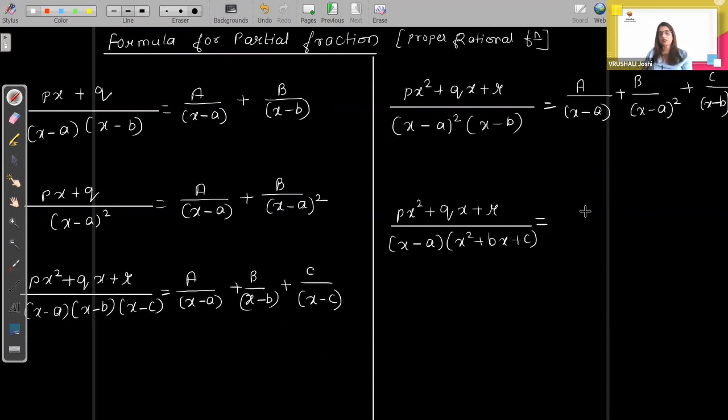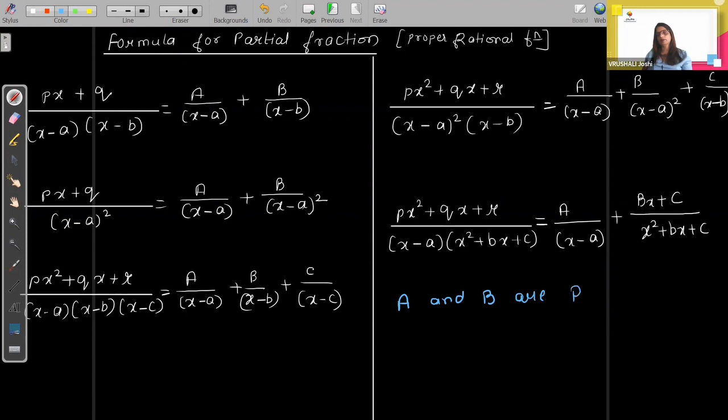And this we have to be a little careful, where it is a by x minus a plus bx plus c by x square plus bx plus c. Okay, copy these formulas, okay, for once, and then here we must understand one thing, that a and b are real numbers.